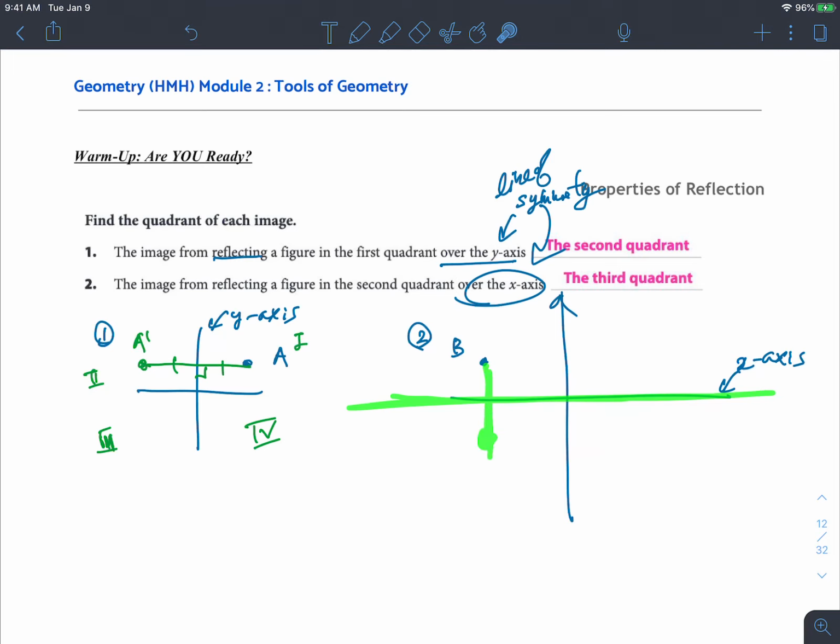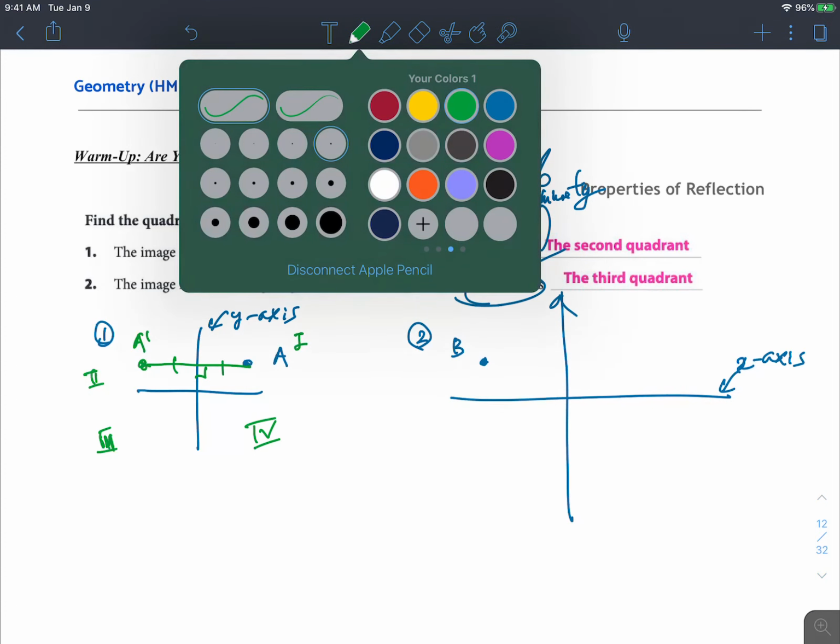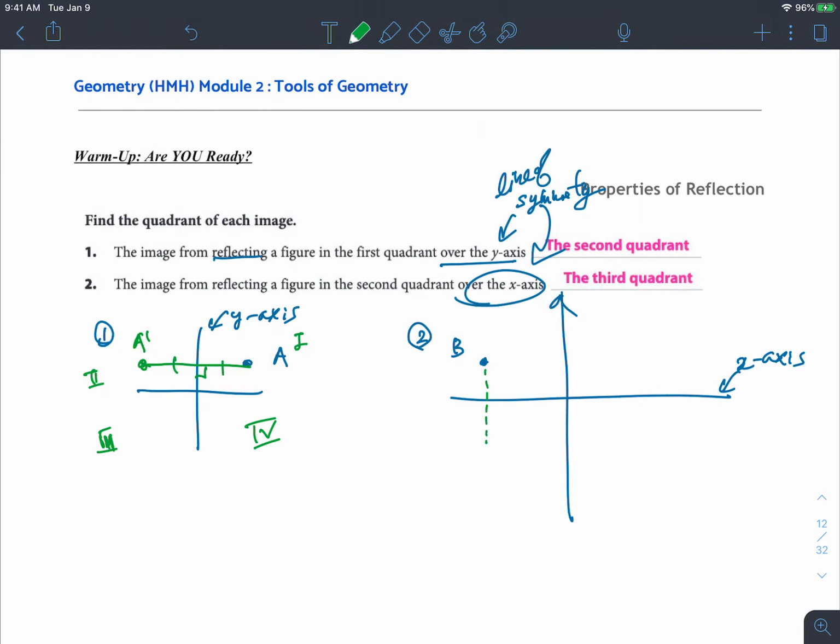Same distance from the fold, and it should be perpendicular, right? So it goes like this. That should be B prime. That length should be the same, and that should be perpendicular. That guarantees you go from second to the third. Hence, the third quadrant. All right, guys?